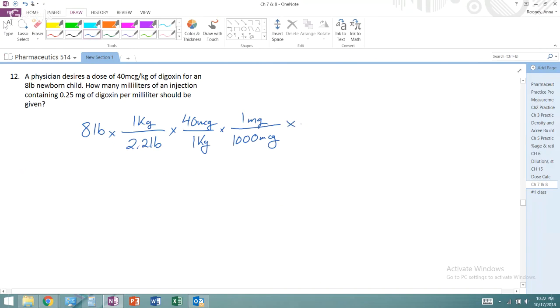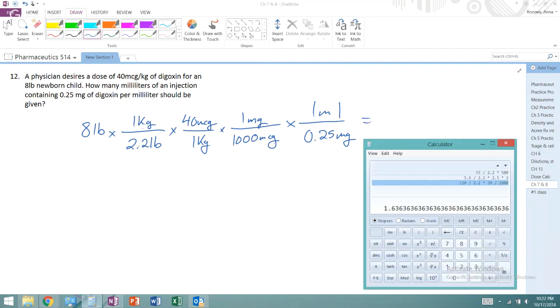And then we're going to have 0.25 milligrams for every 1 milliliter. And then how you double check, that's the same unit, that's the same unit, that's the same unit, so all those units will be eliminated, and we can all get on with our day.